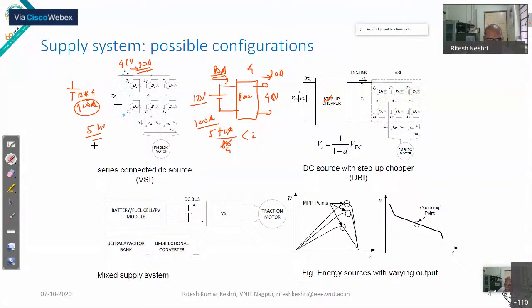So if you want to run your vehicle equally in both cases, then you have to use a higher Ah battery. Then only it is possible. So maybe instead of 100 Ah, you have to now use a 400 Ah battery. 400 divided by 80 is 5 hours. So earlier you were using 100 Ah, now you are using 400 Ah.